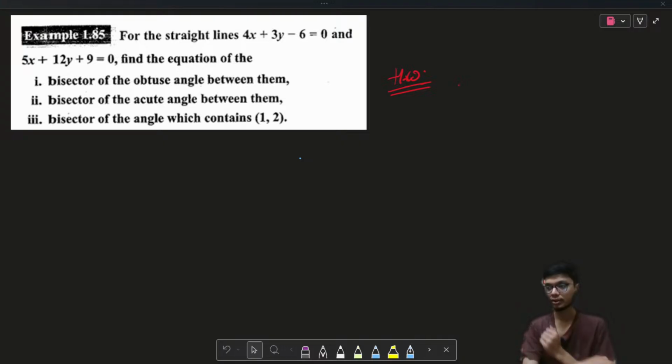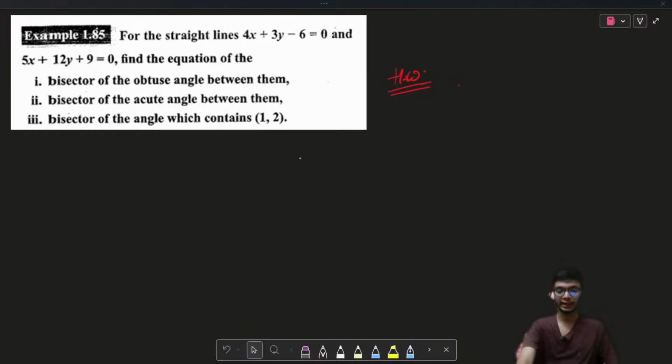Before I start with the ongoing discussion, I hope all of you have tried to solve this particular problem of finding the equation of the angle bisector for two lines. Let us say you have two straight lines and you have to find the angle bisector.